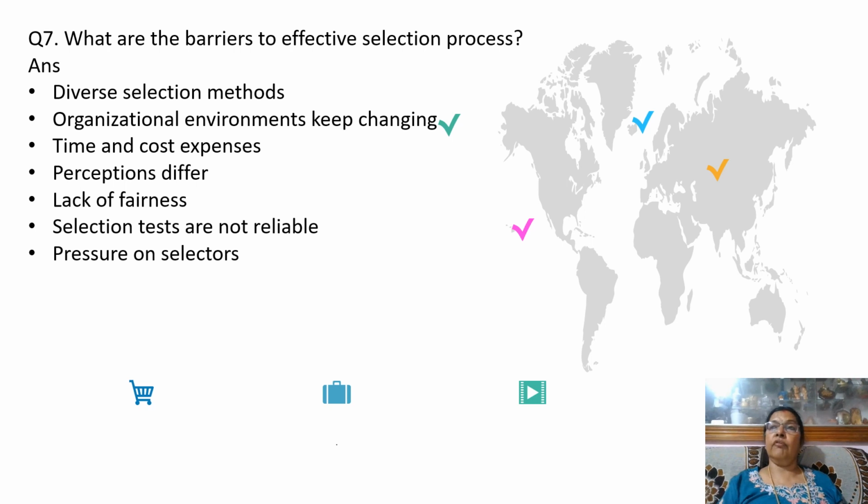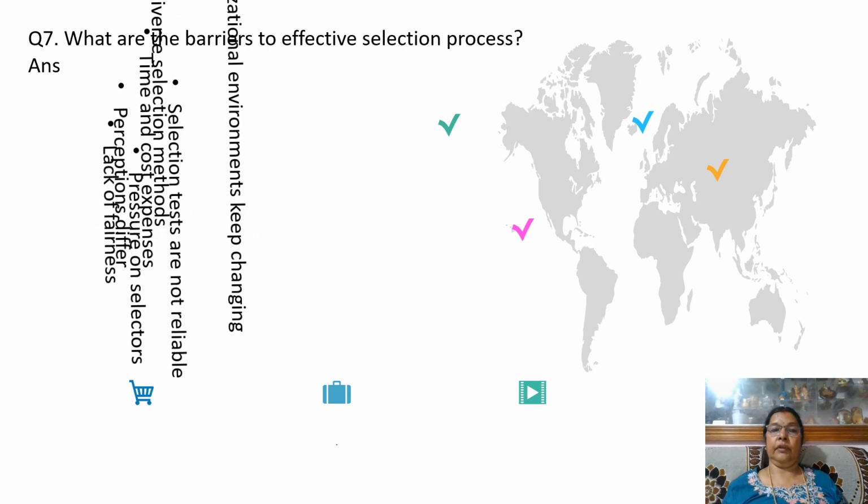So such unfairness, partiality and bias can affect the selection process, and the selectors will be pressurized to select unsuitable candidates to be placed into the job. So these are all the barriers which affect the selection process and which may not make it effective.